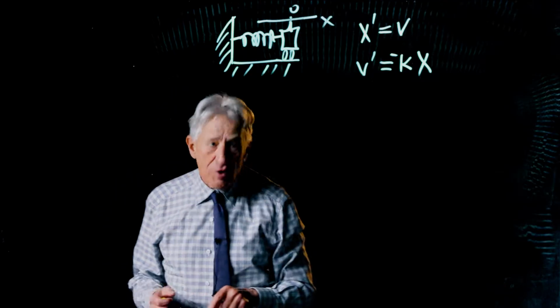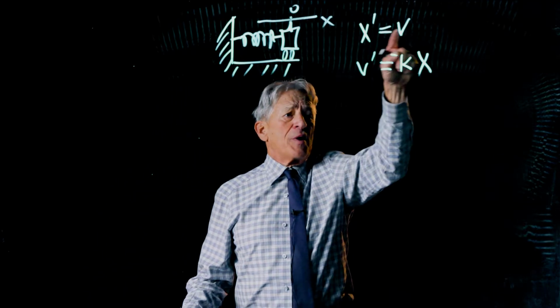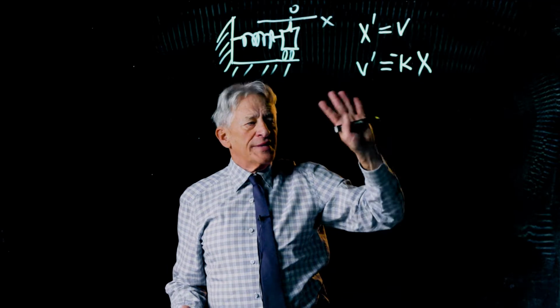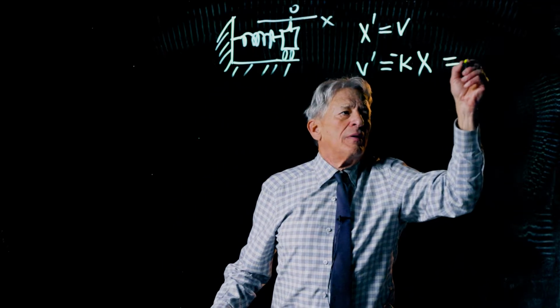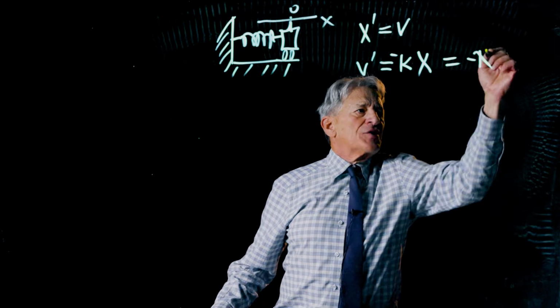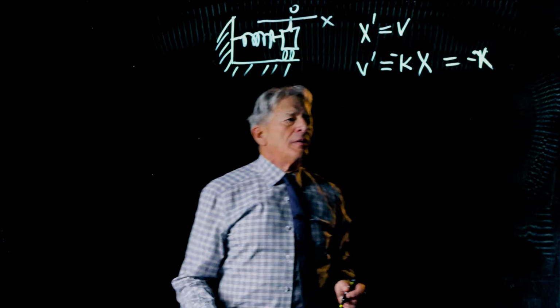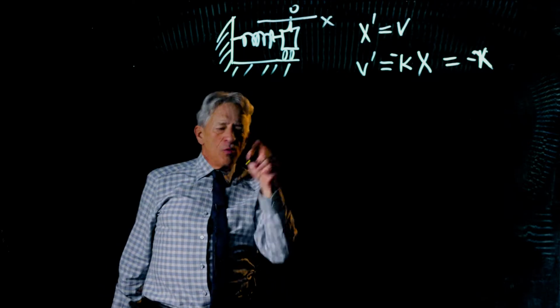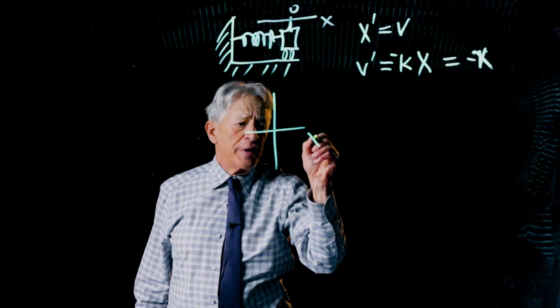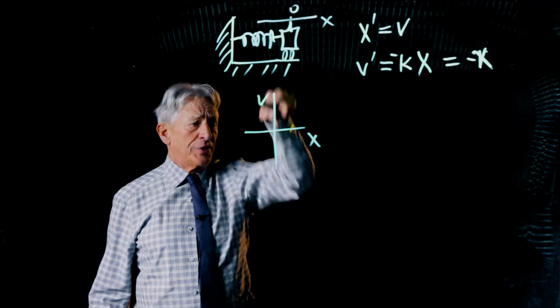So we have x prime equals v, v prime equals minus kx. Let's let k equal 1 to make things simple. So that's now minus x. And the question was, what was the vector field if this is the xv coordinate system?